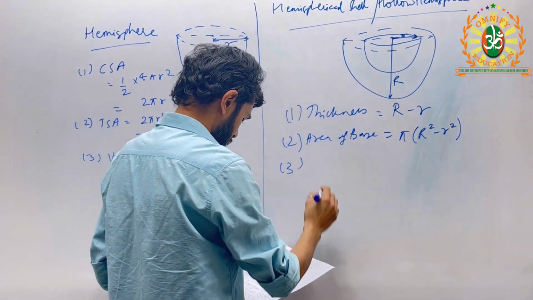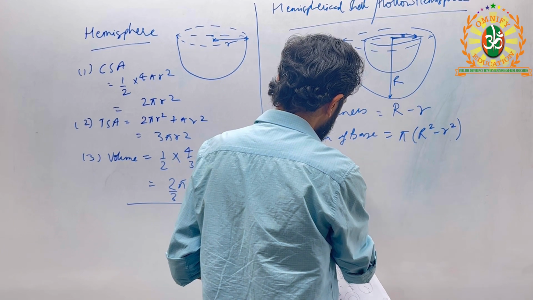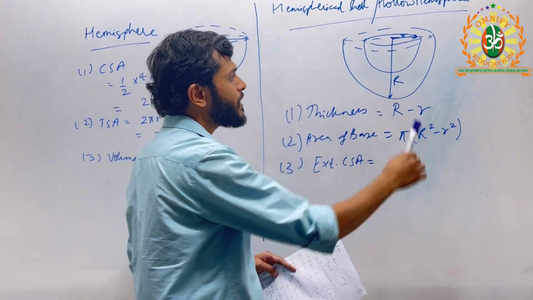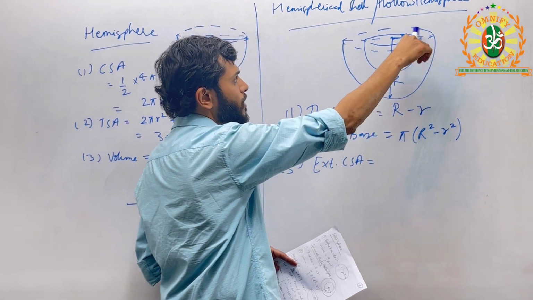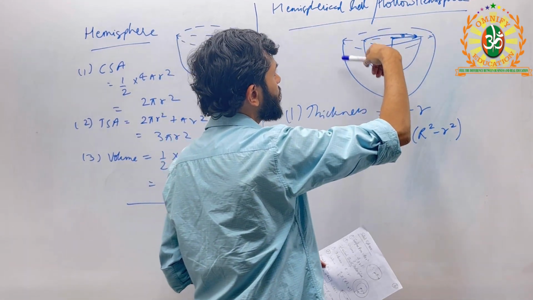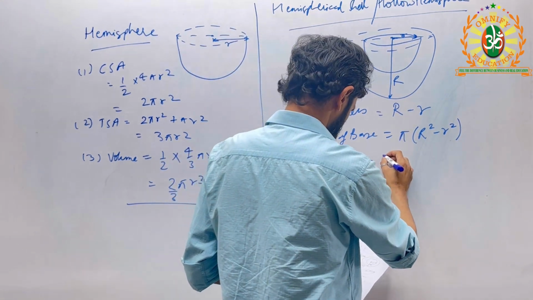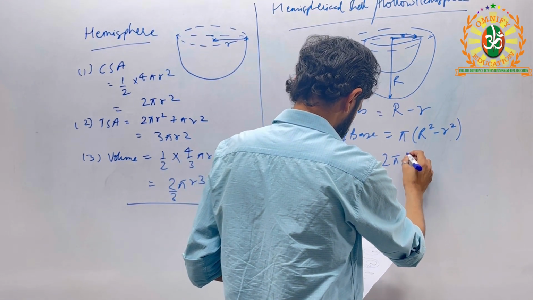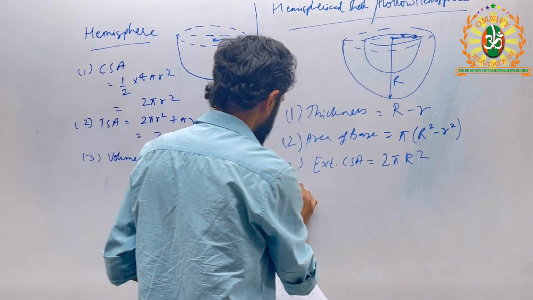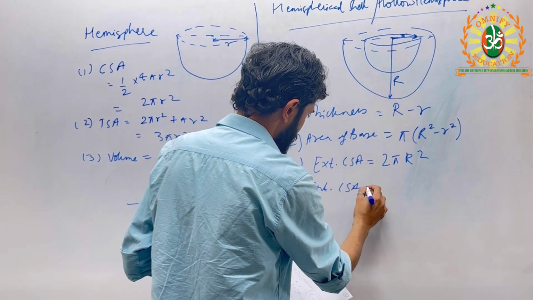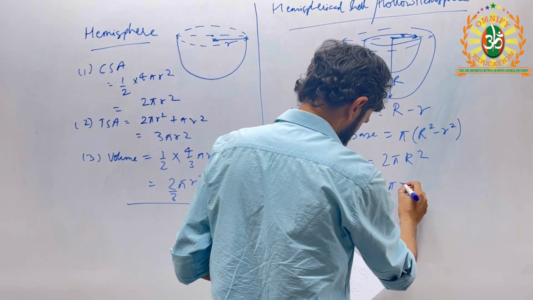Now third, the external curved surface area. The external curved surface area would be given by the outer sphere, which has a radius capital R. So it would be 2 pi R square, and the internal curved surface area would be given by 2 pi small r square.